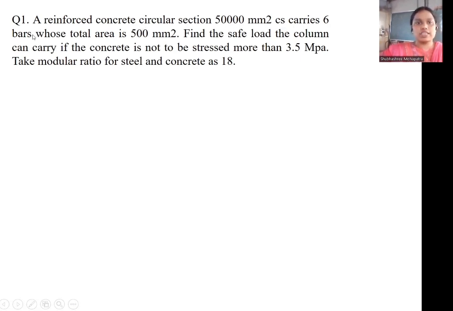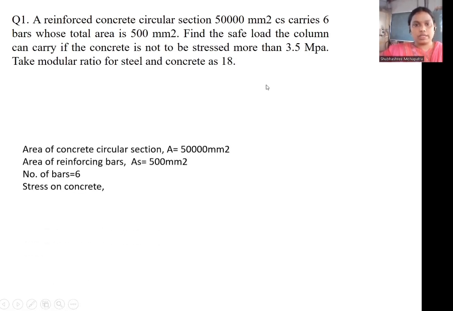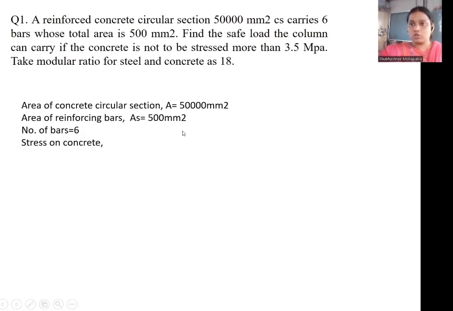To the next question: a reinforced concrete circular section of 50,000 mm square cross section carries 6 bars whose total cross-sectional area is 500 mm square. You have to find the safe load for the column if the concrete is not to be stressed more than 3.5 megapascal. The modular ratio for steel and concrete is given as 18. According to the given data, the total area of the concrete circular section is 50,000 mm square.